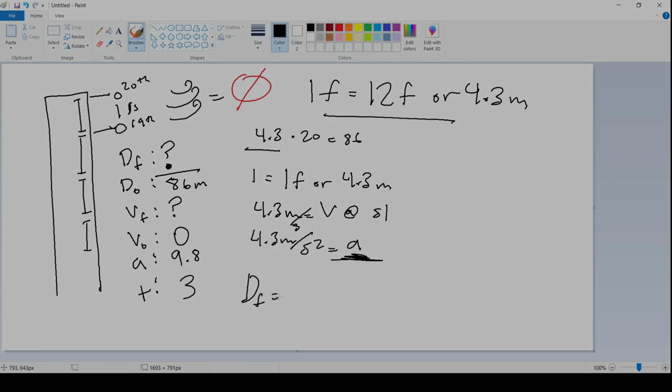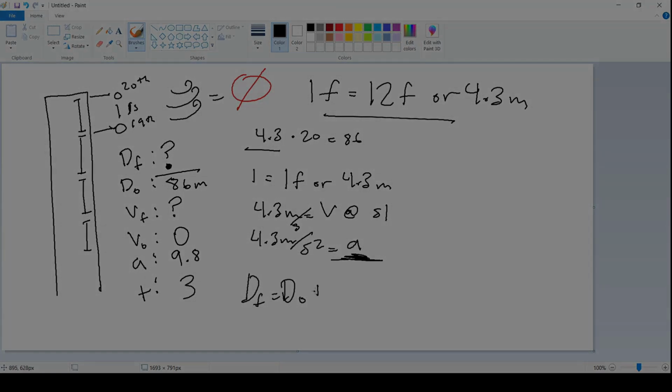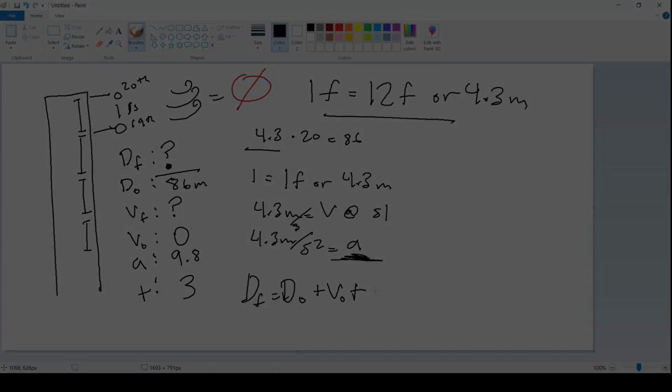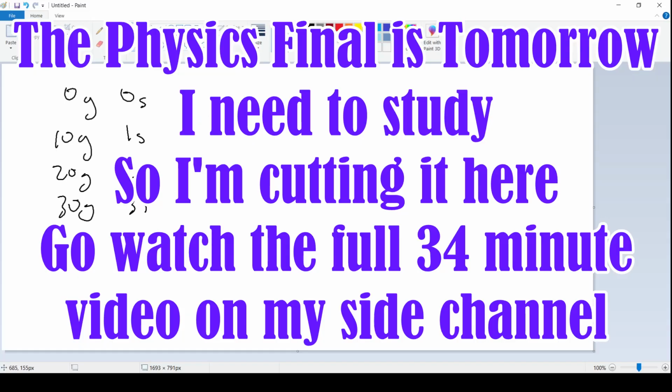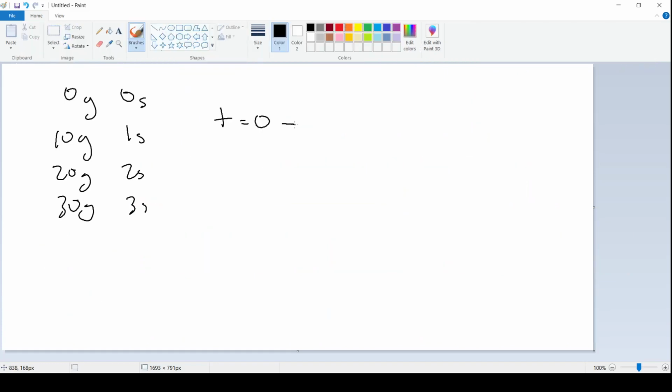Distance final equals distance initial plus velocity initial times time plus half a t squared. Time equals 0 turns into time 1. So, x final equals x initial plus v0t plus half at squared.